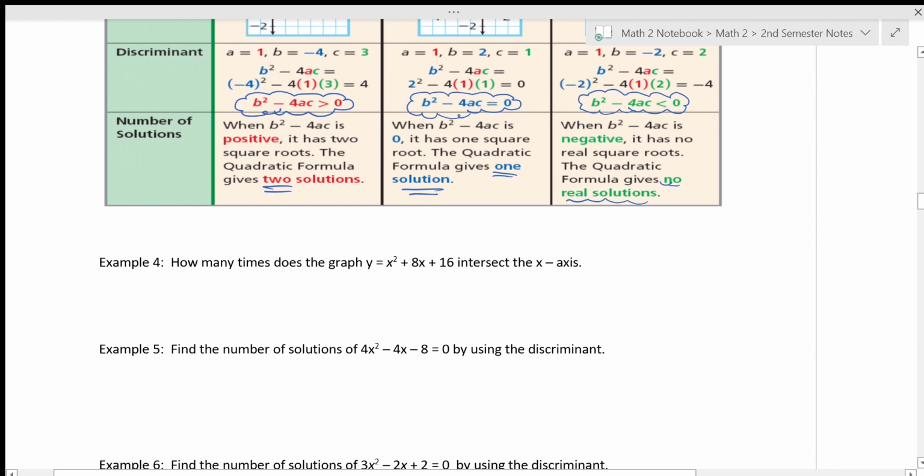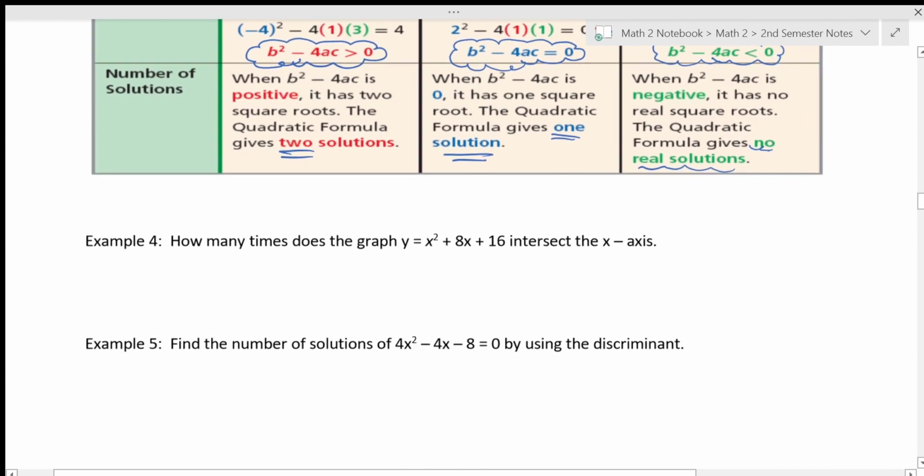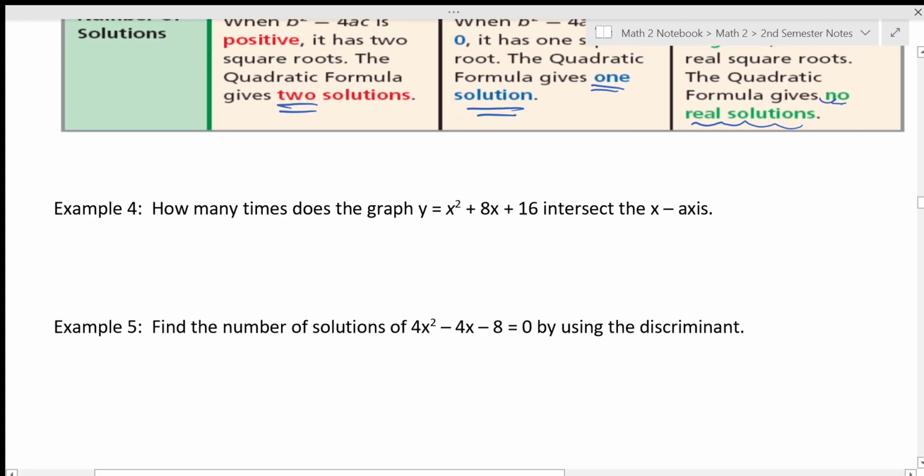So let's see what the discriminants are for these, and it'll tell us how many x-intercepts we have. So we just do the b squared minus 4ac part. So b squared is 8. So we're going to go b squared minus 4ac. That is 8 squared minus 4 times a times c. 8 squared is 64.